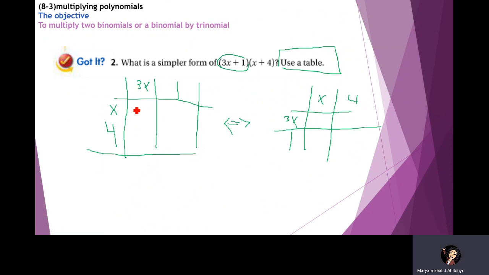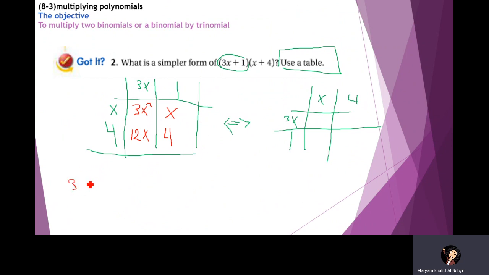So 3x times x, that will be 3x to the power 2. 4 times 3x, so we have 12x. x times 1, x. 4 times 1, 4. Add all these terms that you have here.